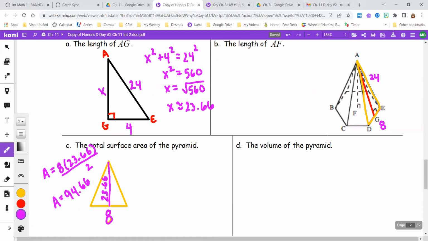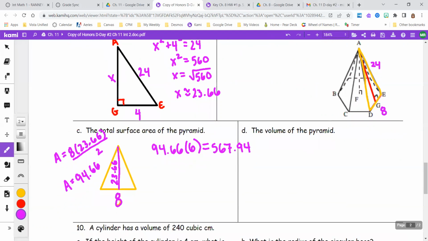I have 6 of those triangles all along the face as the lateral faces. So I'm going to take 94.66 and times it by 6 to get all those triangles. And when I do that math, I get 567.94.